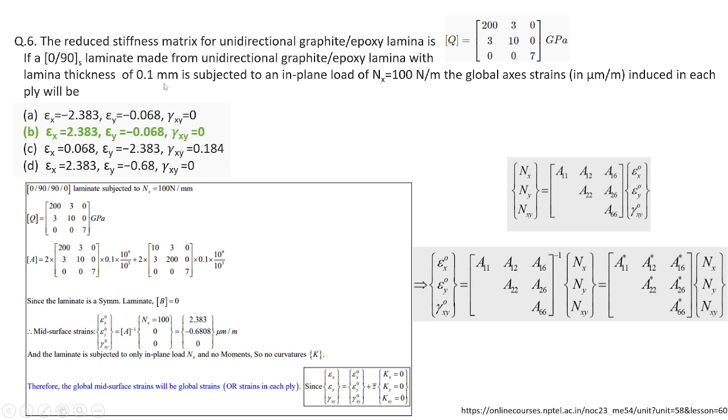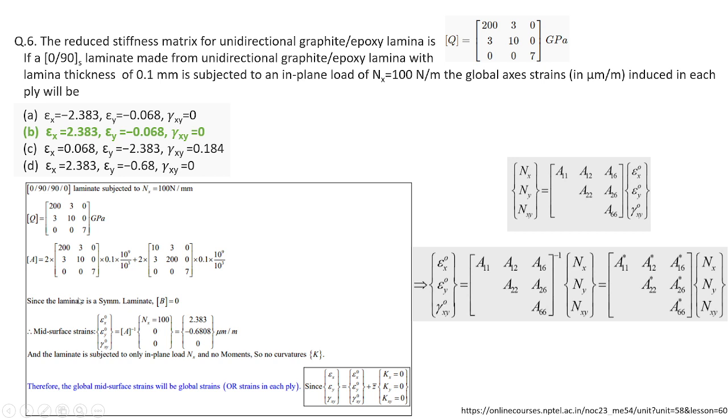The thickness is given as 0.1 mm, the same for all of them, and then there is a unit conversion. Plus, for the 0 degree fiber orientation, again there are two of them, so 2, and the Q matrix with Q11 and Q22 interchanged, into the thickness, and again the conversion of the units. From that we will get the total A matrix.